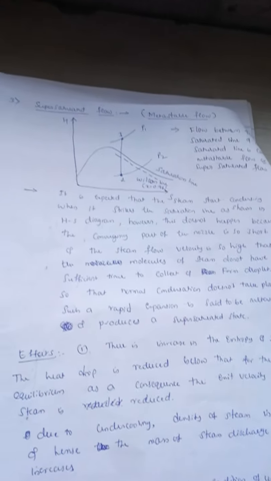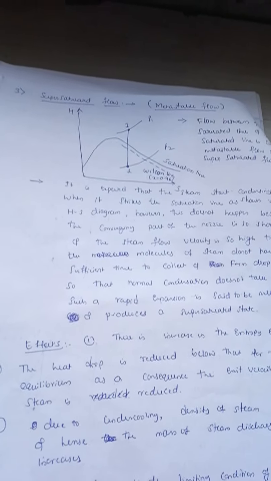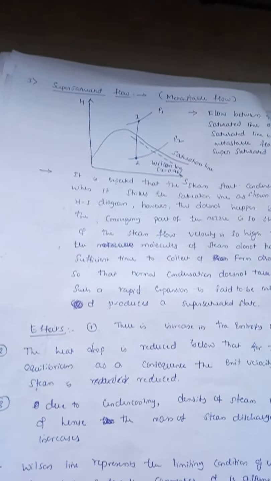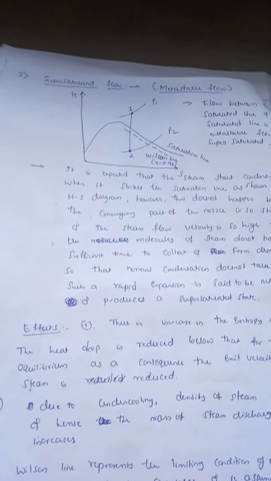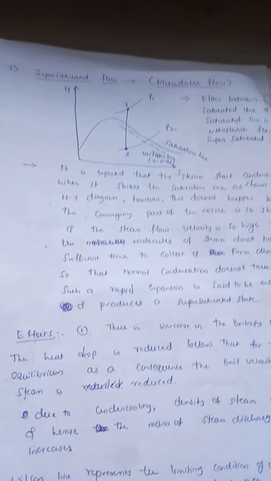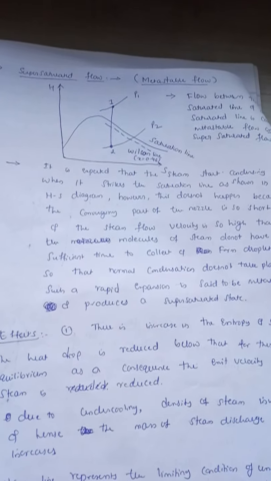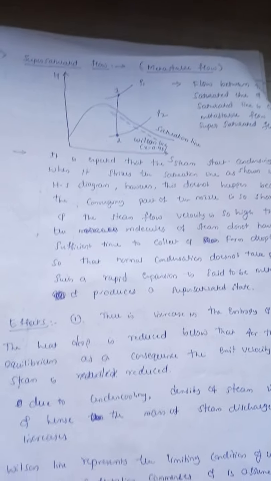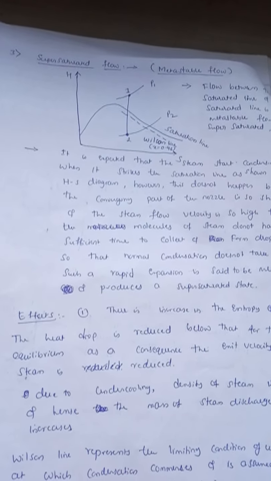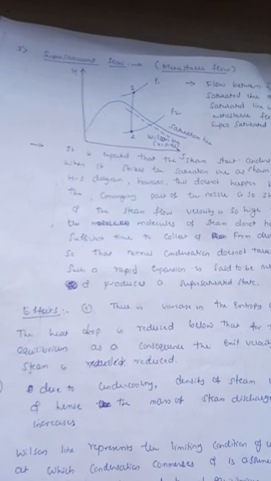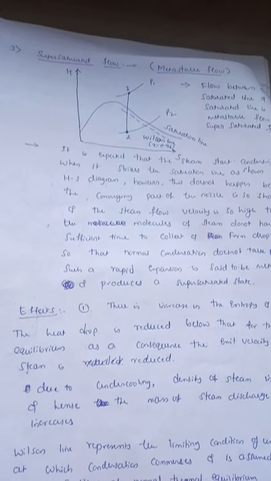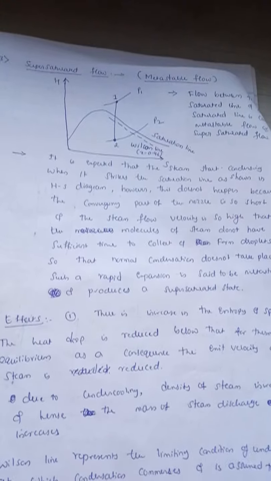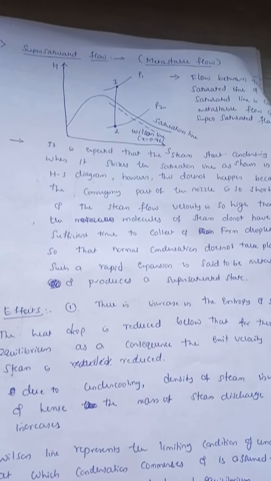We have solved problems in the vapor power cycle where, if it is given dry saturated, I was taking x equal to 1, that is 100 percent. But in the actual case it never reaches 1; maximum it can reach is 0.96 according to Wilson, the scientist, and he has drawn the dotted lines below that.